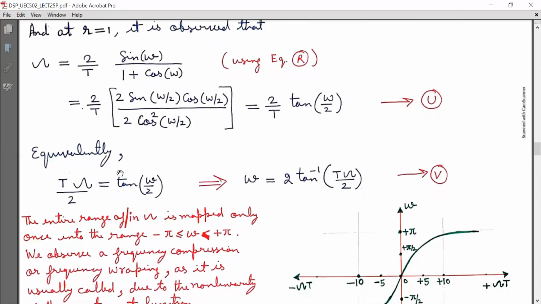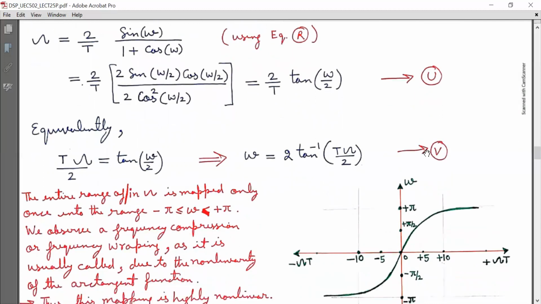Equivalently, I can express it as capital T omega by 2 is equal to tan small omega by 2. And therefore, small omega, that is angular frequency in discrete domain, is equal to twice tan inverse of capital T capital omega by 2. Here capital omega is angular frequency in continuous domain.